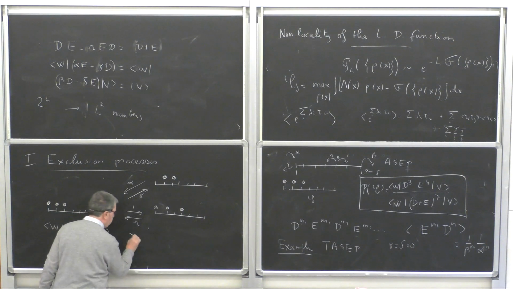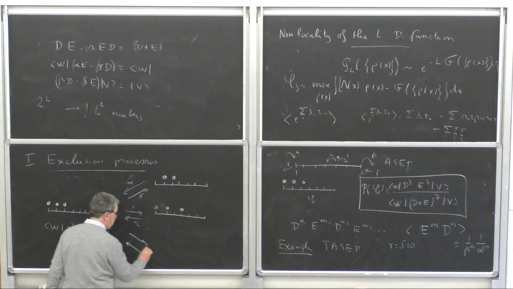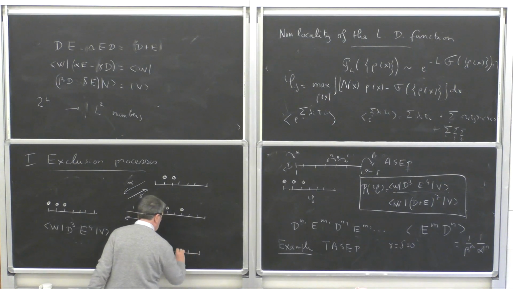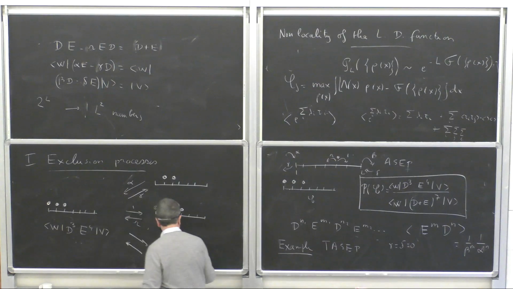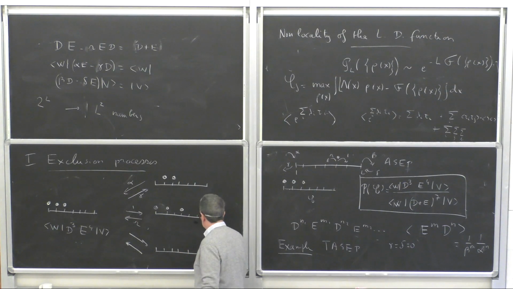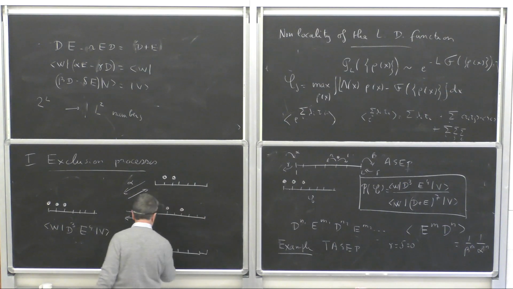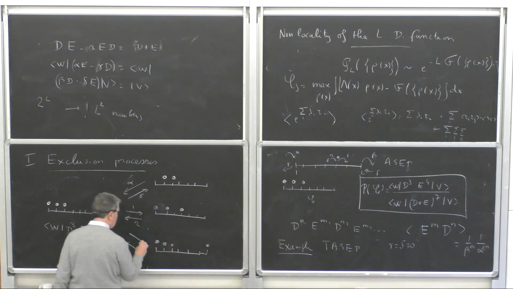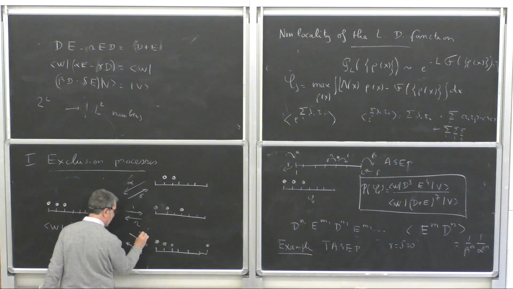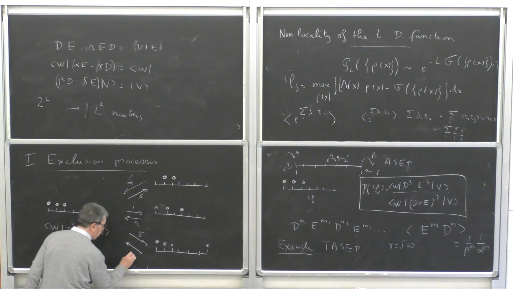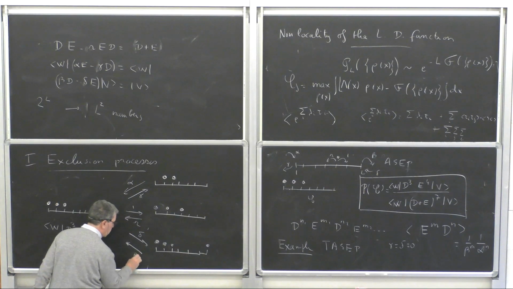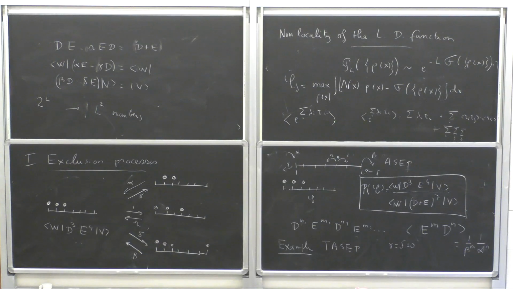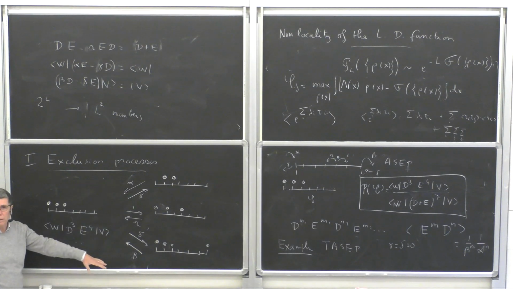And it could be that a particle enters here with a rate delta, and this is beta. So these are for this particular configuration. If I had more clusters, I would have more lines here.